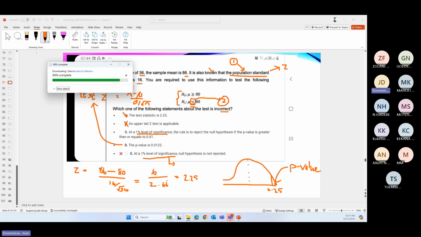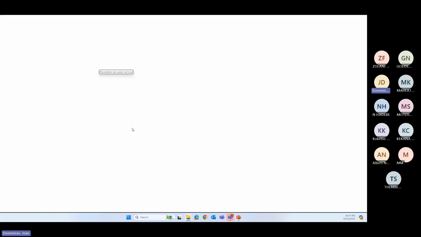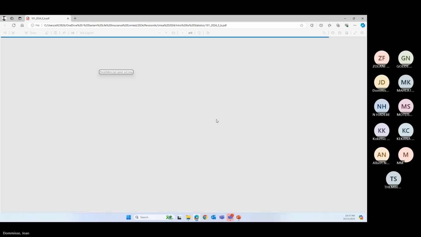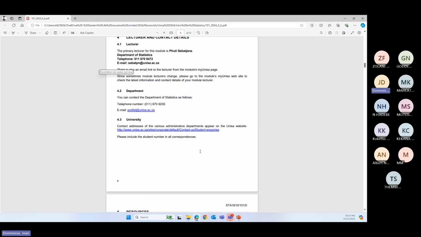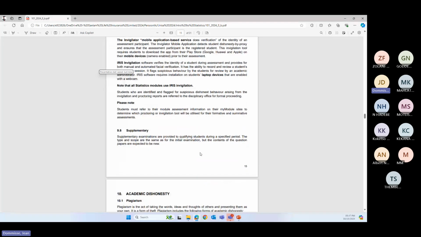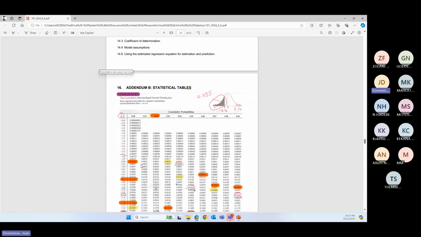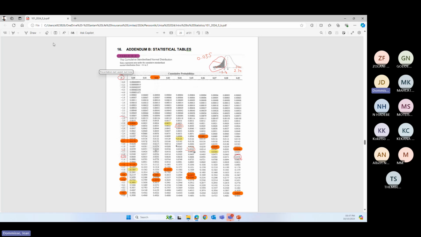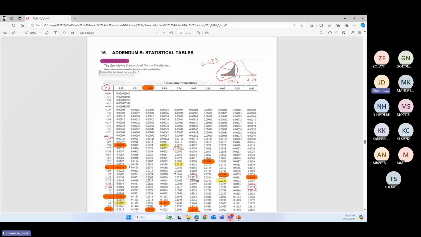Okay, so while that is downloading. Okay, cool, here we go. So let's quickly get into the Z of 2.25. It's easier to get to the negative one, so minus 2.25, 0.0122.